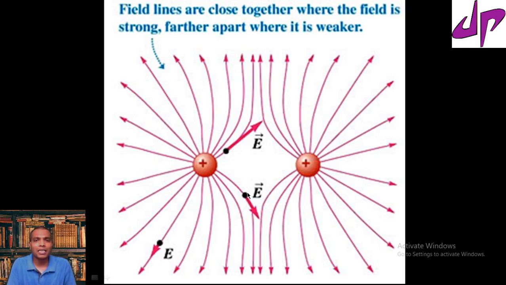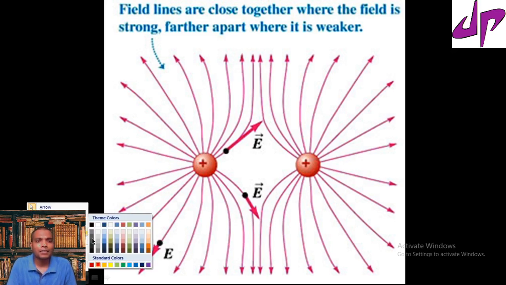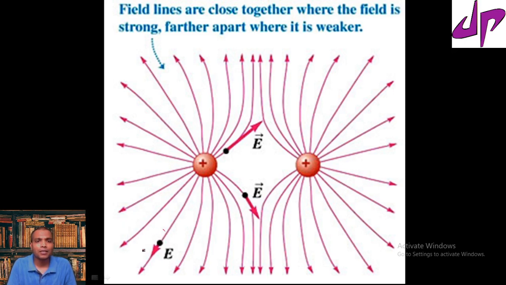So here you can see at these 3 points, at here and at here and at here, the electric field strength at here, by observing the arrow mark you can understand, and the electric field strength at here by observing the arrow mark at there, and the electric field strength right at here. Just notice the arrow mark that tells about its direction and the strength of the electric field.